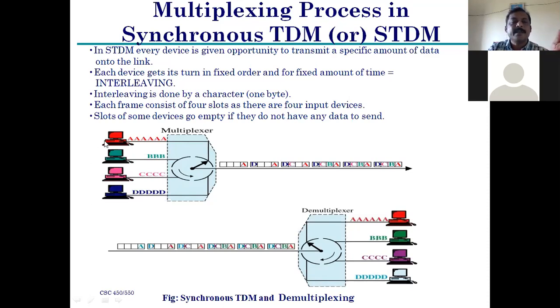For the purpose of easy identification, there are different colors: red, green, rose and blue. There are different users. This user contains 6 characters of data, 1 2 3 4 5 6, and user 2 has data.